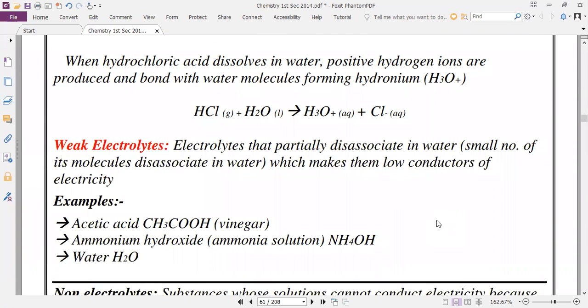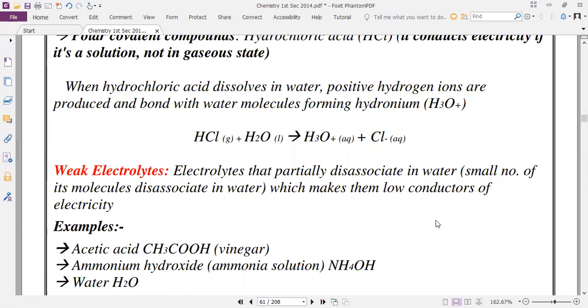What about weak electrolytes? Weak electrolytes are the opposite of strong electrolytes. They are electrolytes that partially dissociate in water, so only a small number of their molecules dissociate, which makes them low conductors of electricity.